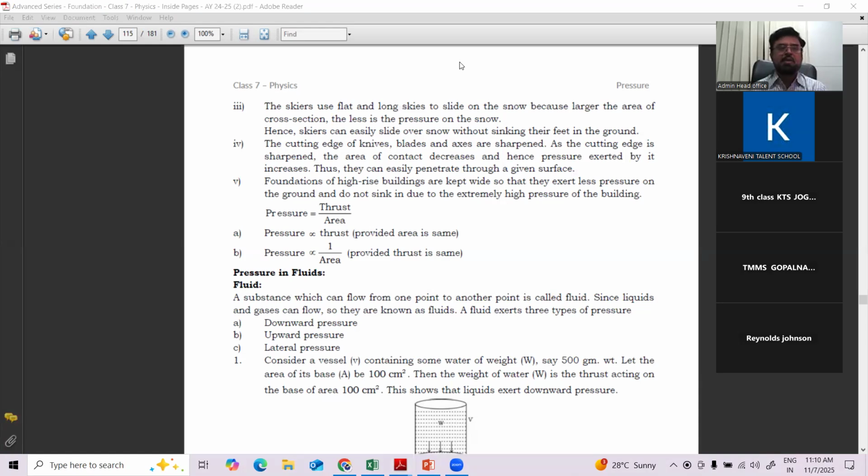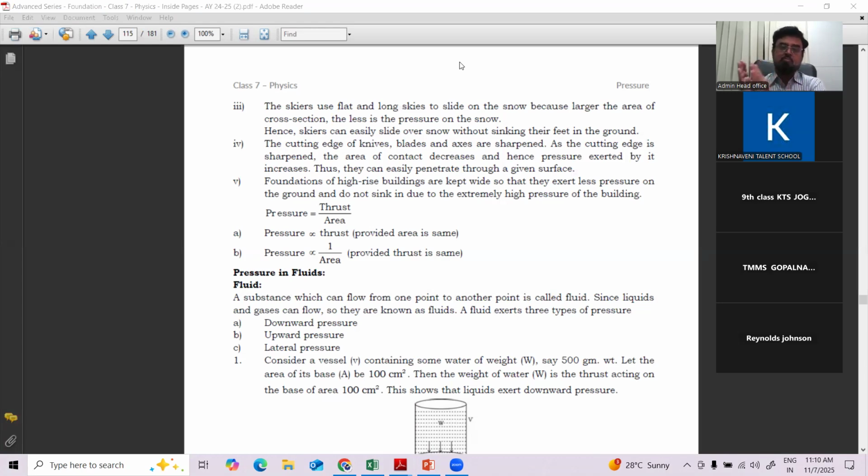So many applications have been given, including army tanks, and how they move, not on the road, but on tracks. In all these, where the area is more, the pressure is less. Some places we need less pressure, some places we need more pressure. If you want more pressure, the area of contact should be less, like the sharpening of a knife or axe.